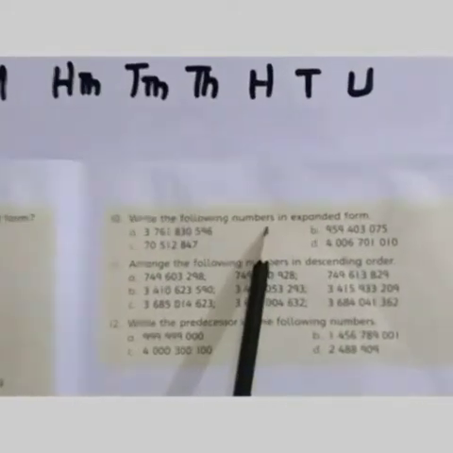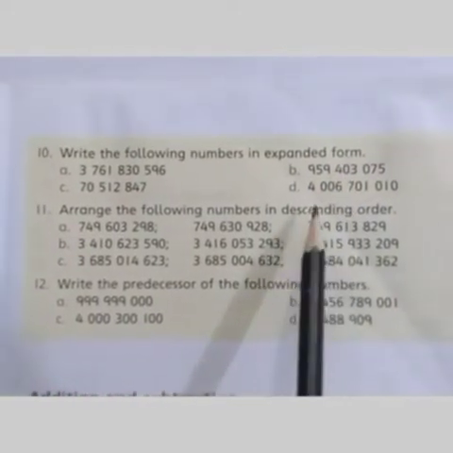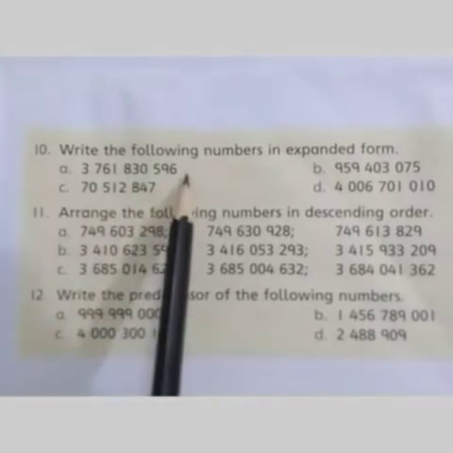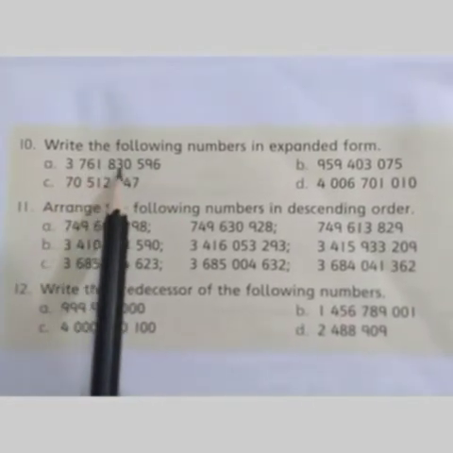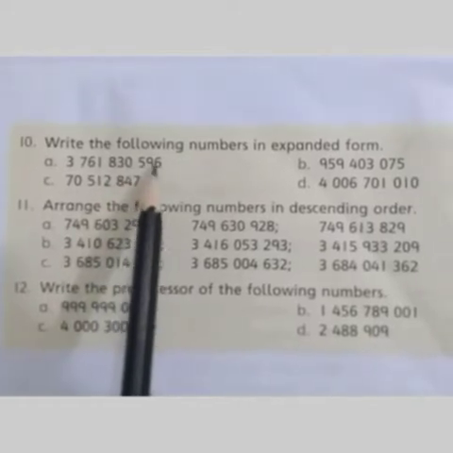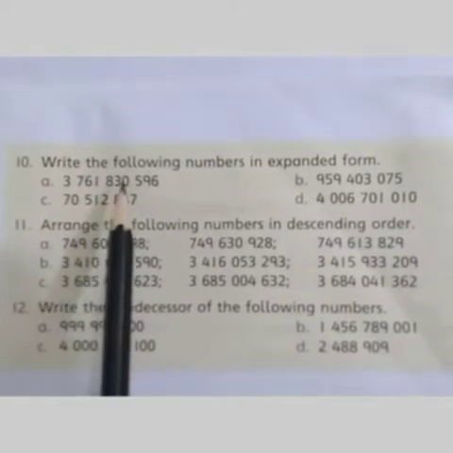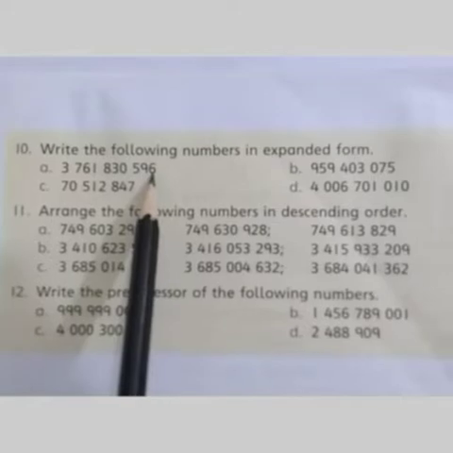Now in question number 10, write the following numbers in expanded form. All of you know how we expand the number. First we write the number, and after the number, however many digits are there, we write the zeros over there, like 3,000,000,000 plus 70,000,000.